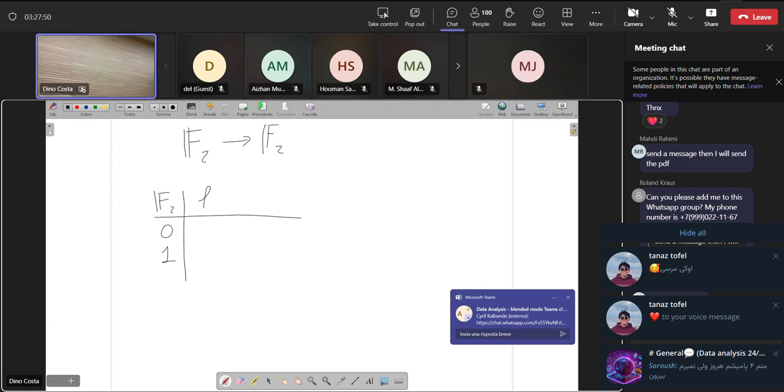We call this function, for example, 0, that gives us 0, 0. But also another function that we call 1 that says 1, 1. I don't care what the input is, it always gives us an output 1.